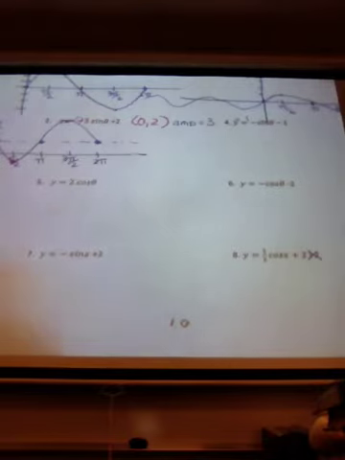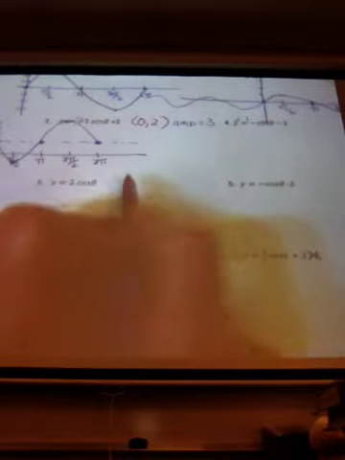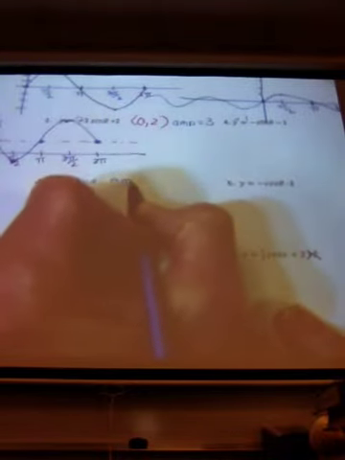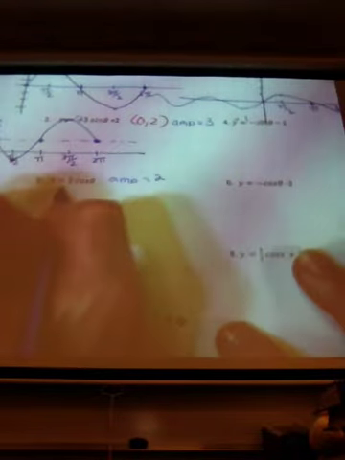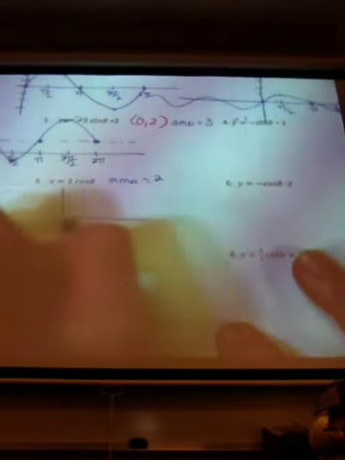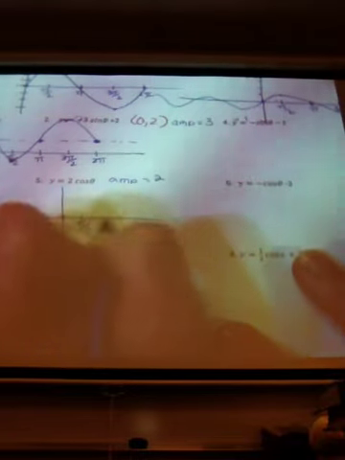Okay, so on number 5, you guys try 5 and 7. We look at 5, it's a cosine. So think of where it's going to start. What's the amplitude? 2. There's no shifting vertically up.